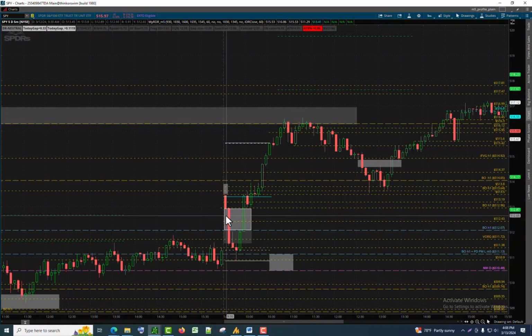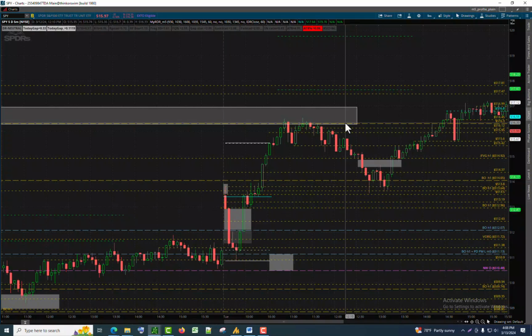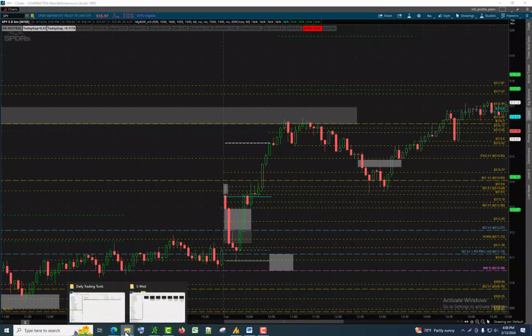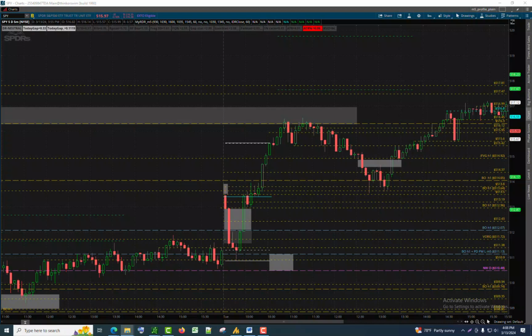So it's gap up, refill, and then reverse. Let's see if we have a screenshot for this setup that we do.